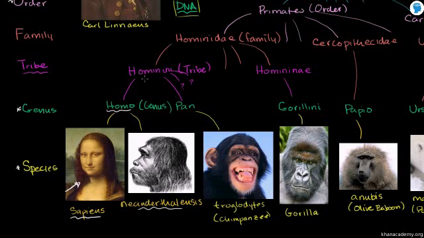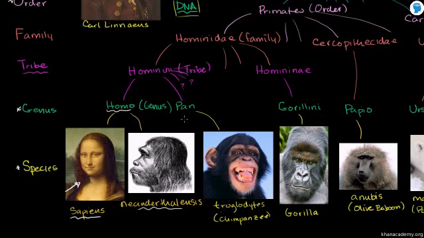You go a little bit further up, then you get to hominini, and I'm sure I'm mispronouncing some of this as well, but another species that's in hominini that is not in Homo, and I'm definitely not listing all of them, and that's why I'm showing all of these other branches over here, is what we call the common chimpanzee, and their genus is Pan, and their species is troglodytes.